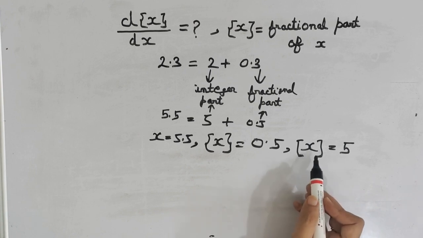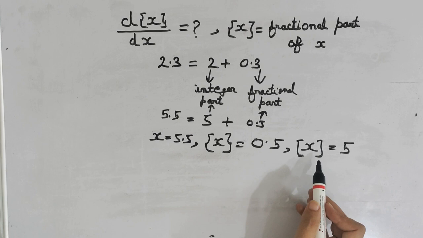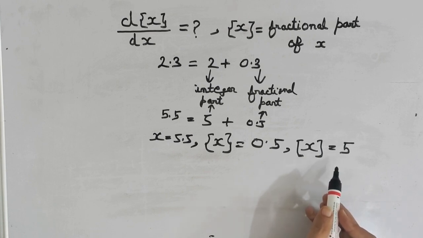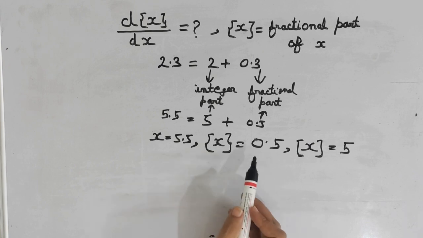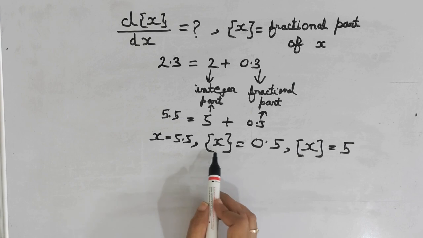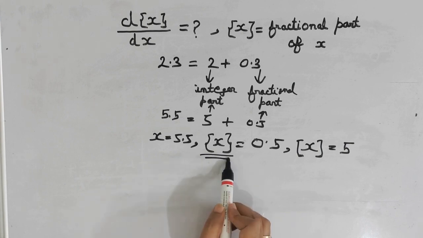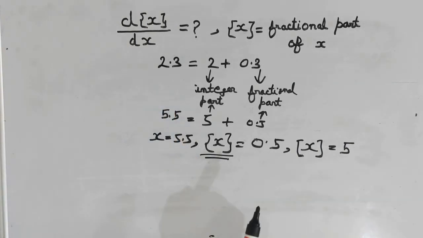You can go through my previous video and you will understand this concept. Now I hope the fractional part of x is clear. Right now I will tell you how to find the derivative of the fractional part of x, which is in the question. Okay, so let us start.